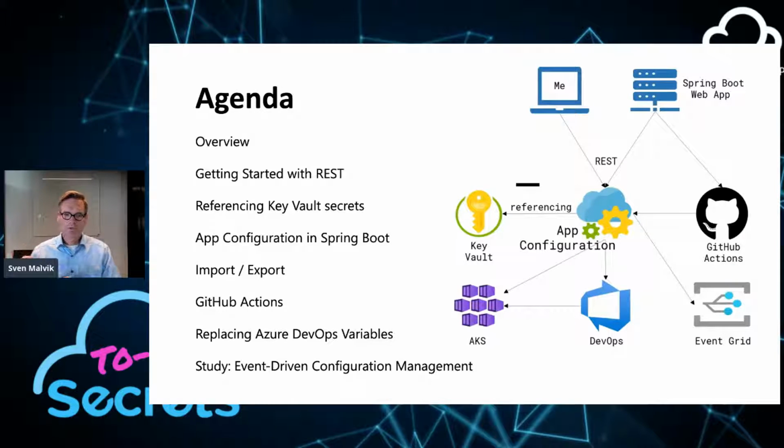Then we will integrate app configuration in a web application. I used Spring Boot for that, but I also could use a .NET application. It's basically the same thing. We'll look at import and export of the configurations, because there's a lot we can do with it. We'll dive into GitHub Actions.